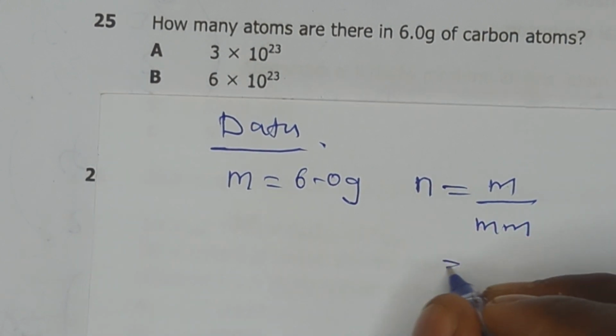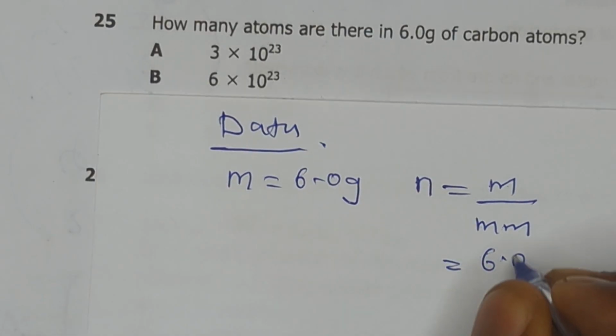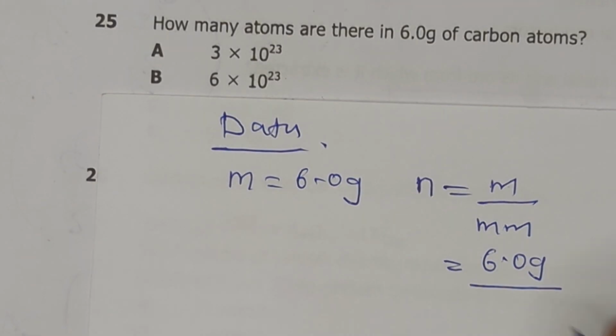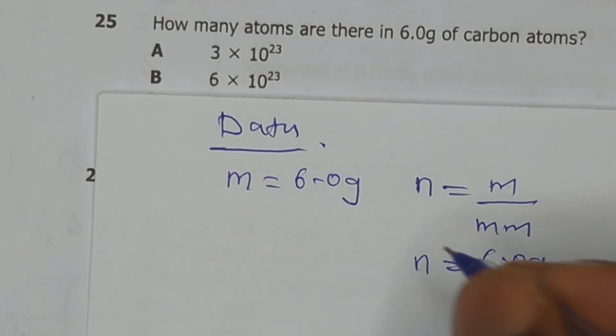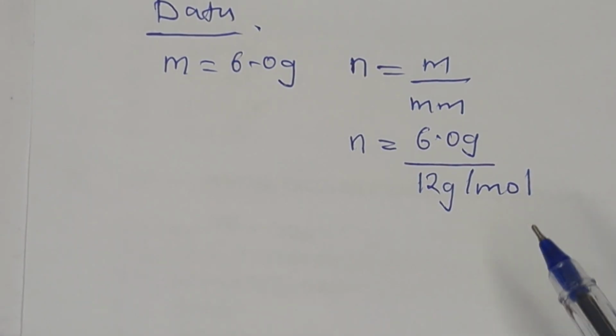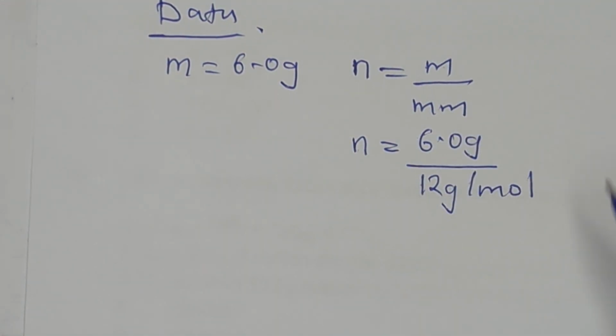Here on M, we're going to put the mass that has been given, which is 6.0 grams, over the molar mass of carbon, that is 12 grams per mole. This 12 grams per mole, if we check on the periodic table, the atomic mass of carbon is 12, meaning its molar mass is going to be 12 grams per mole.